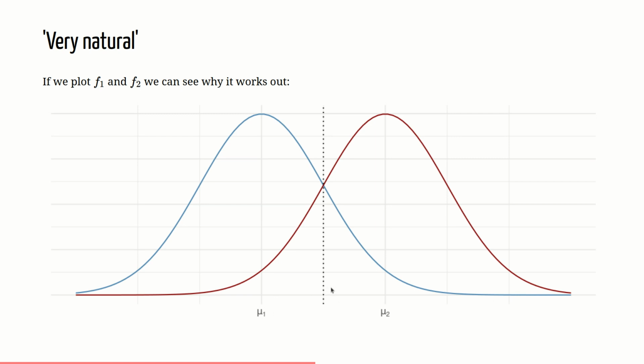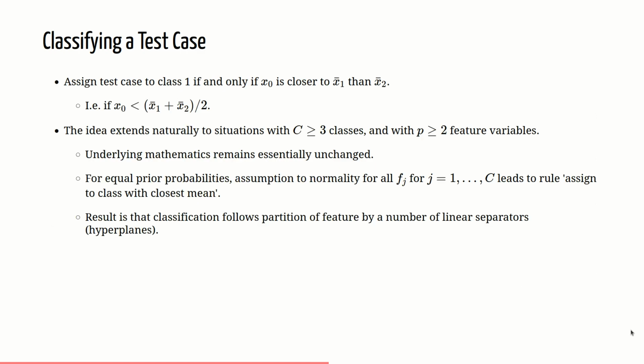And if you're to the right of that dashed line, you're closer to the second mean, you're going to be in that group. And the maths basically tells us that this happens in a formal way. But the idea is very intuitive: we're going to assign to a class if it's the closest class, basically.